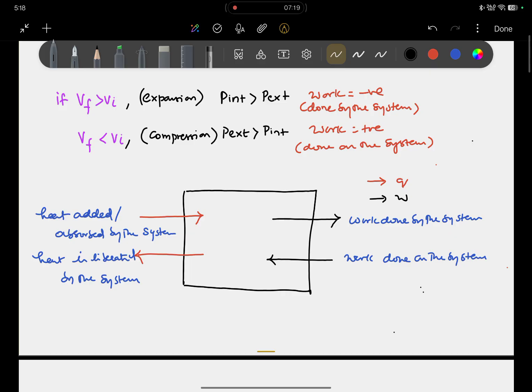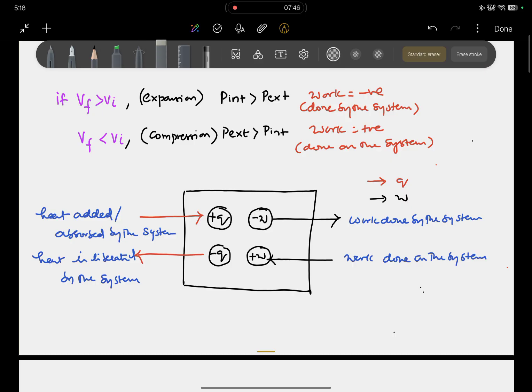So what will you put in this case? Heat is added means plus Q. Liberated means minus Q. Work is done by the system, it is going to be minus W. Work is added to the system, plus W. Please mark this diagram and the above table. These two things are very, very important. Without this, you cannot further study this particular topic.